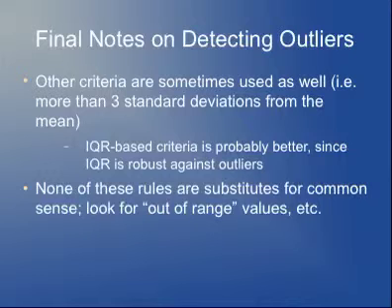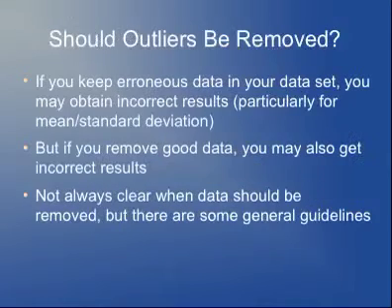You'll have to just look at the data and say, okay, is there anything out of range? How big or how small would I expect it to be? Things like that. So the big question when you identify suspicious data is, should you get rid of it? As I said before, if you keep erroneous data in your data set, you can get invalid results, particularly for things like means and standard deviations.